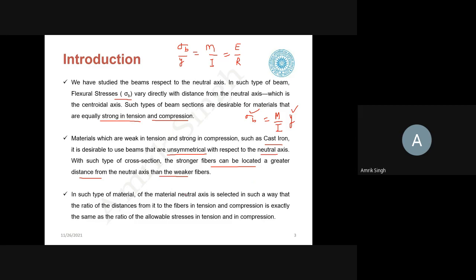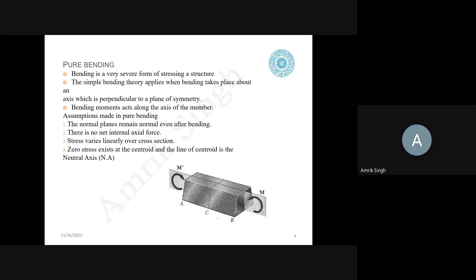In such type of material, the neutral axis is selected in such a way that the ratio of the distance from it to the fiber in tension and compression is exactly the same as the ratio of the strengths available in tension and compression. So this is a case of a beam which is subjected to bending moment and nothing else.